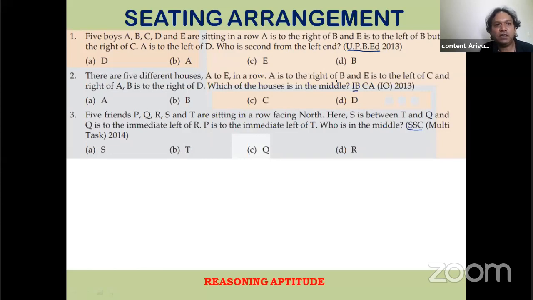So let's start with the first question here. Solve the first question. Tell me what is the answer. Five boys are there, as I discussed earlier. This is how they will start. A, B, C, D, and E sitting in a row. It's not mentioned that they are facing north, so you can assume that they are facing north.